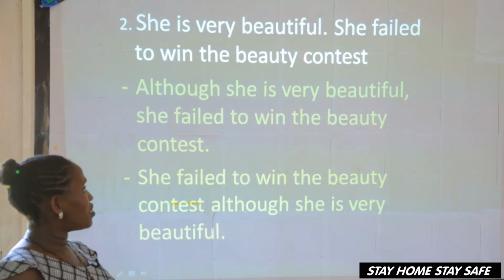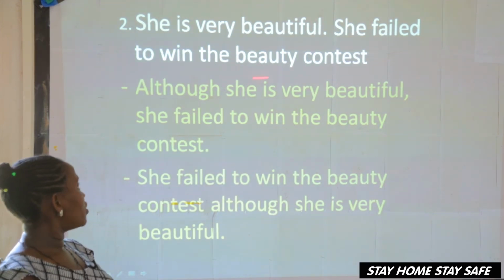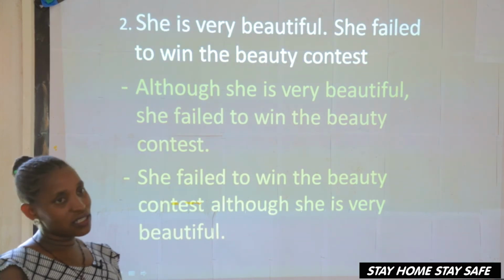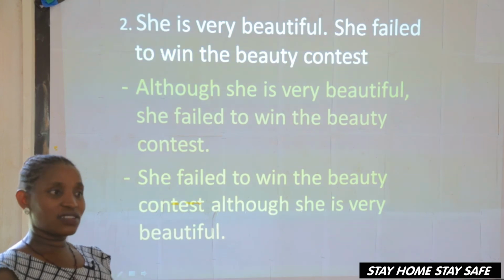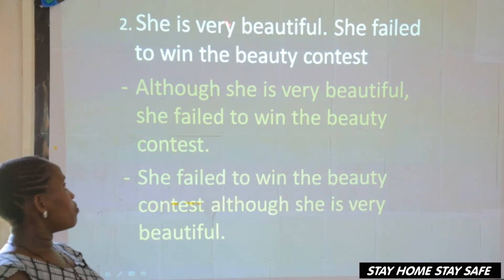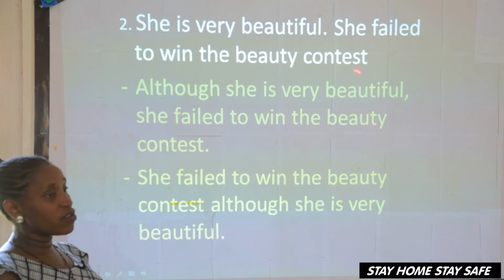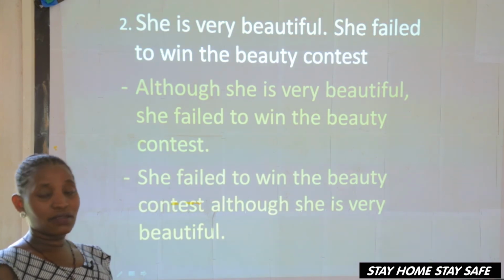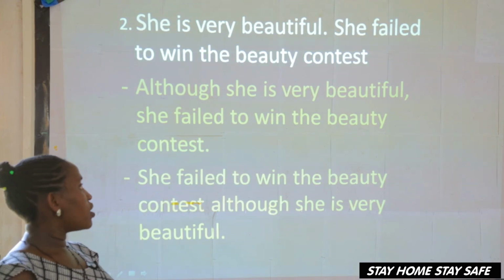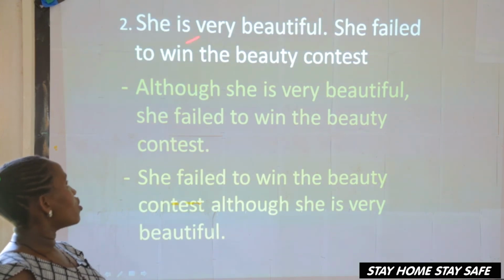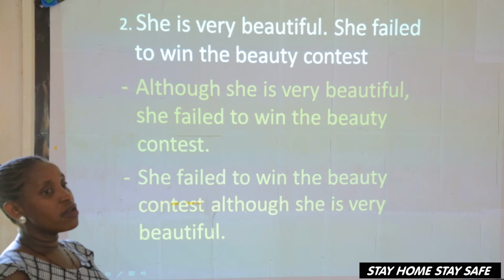She's very beautiful, but she failed to win the beauty contest. So these sentences are contrasting. Why? This one being very beautiful, we expect her to come with a trophy of being the best. But she didn't become the best. So when you're joining it using although, the condition is she's very beautiful.